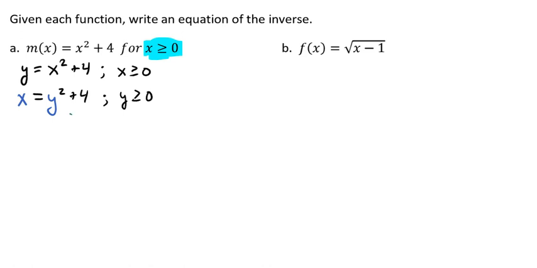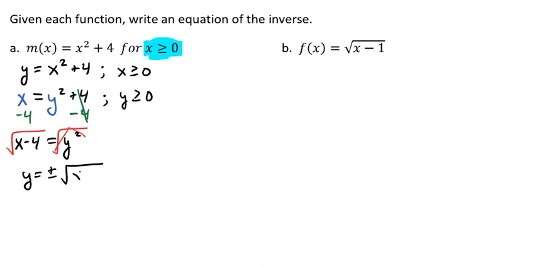So I'm going to go ahead and subtract 4 from both sides. So I have x minus 4 equals y squared. And then from here, I'm going to go ahead and square root both sides. And that's going to give me that y equals a plus or minus the square root of x minus 4.